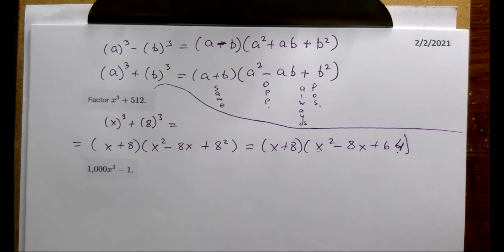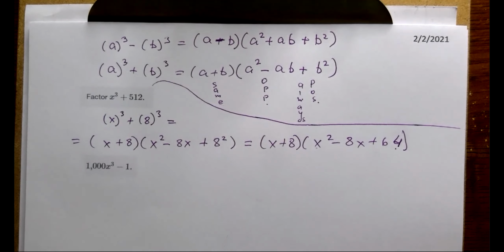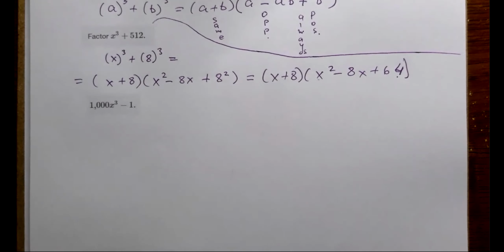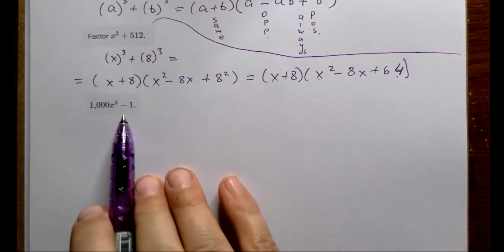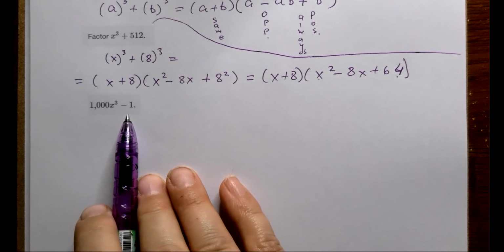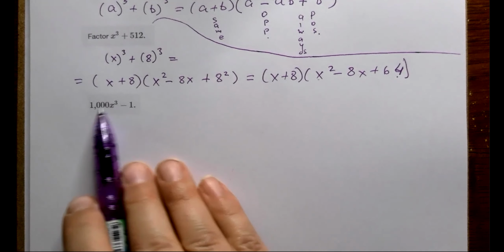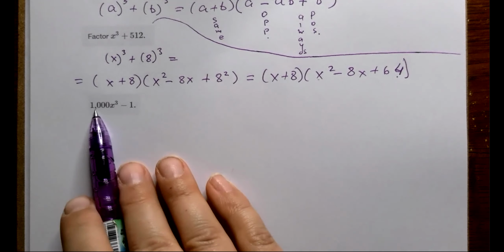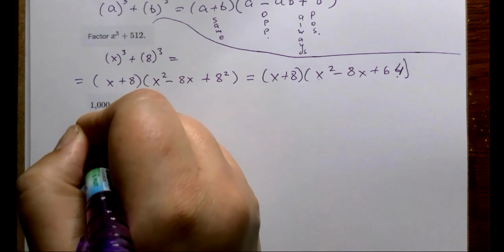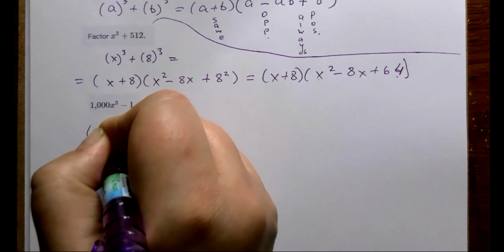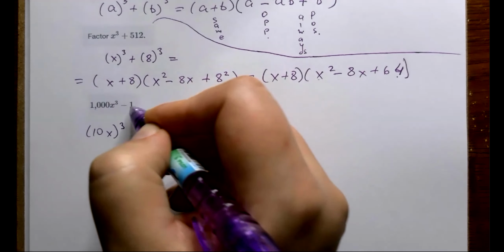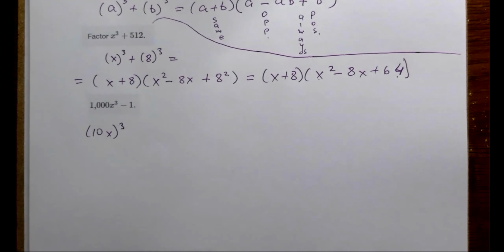One other type of difference of cubes that I want to show you is this. A lot of times students have no problem seeing that this is a cube, 10x cubed. But then when they look at 1, they say, no, it's not a cube, so I can't do anything.